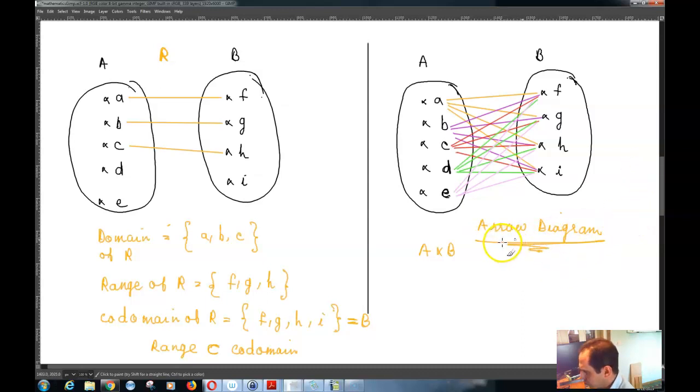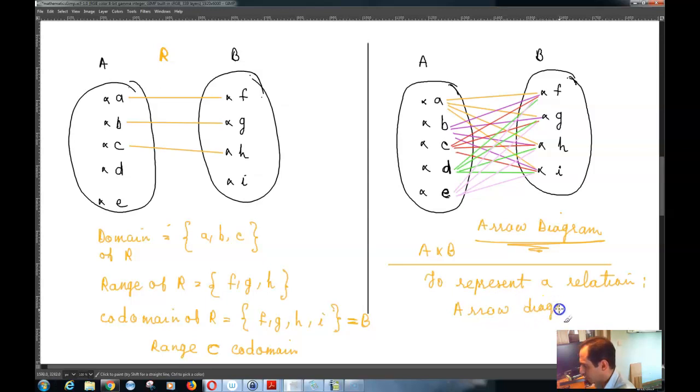Now there are two other ways to represent a relation. So basically, in total there are three ways. There is the arrow diagram, which is basically what you see over here.